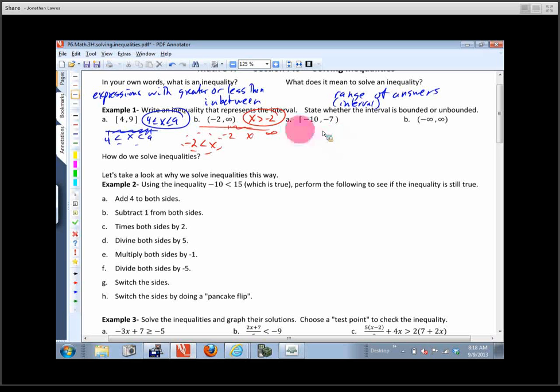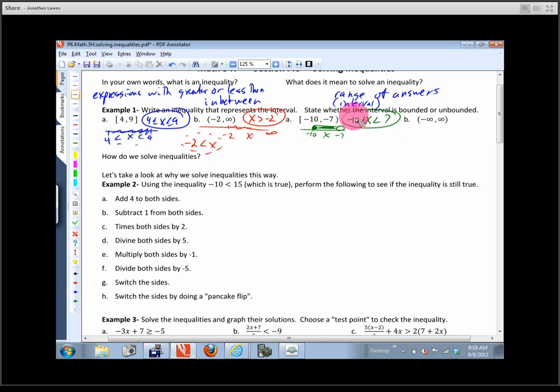Okay. And let's take a look at this one. We want all of the answers in between -10 and -7. And it doesn't include this one, but it does include this one and everything in between. So here are the x's. So what we'd write is -10 is less than or equal to x, and that's less than -7.